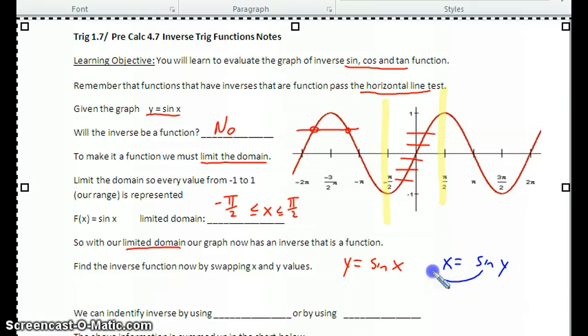The way we move the sine over is we take the inverse of it. Whenever you see something raised to the negative 1, that means an inverse. So we can write the sine inverse by using a negative 1, or, and we'll see this written quite a bit as well, you could write it as the arc sine. So understand that if you see arc sine or sine raised to the negative 1, that's talking about the inverse.